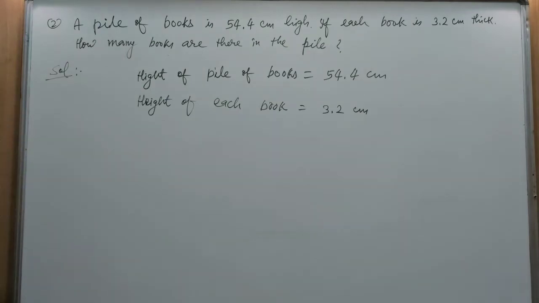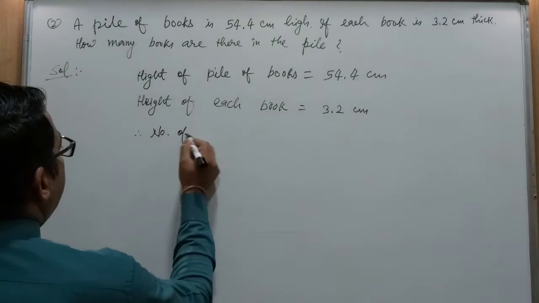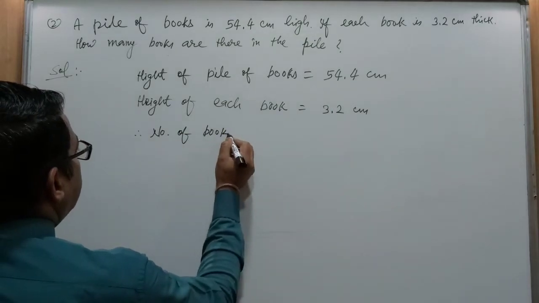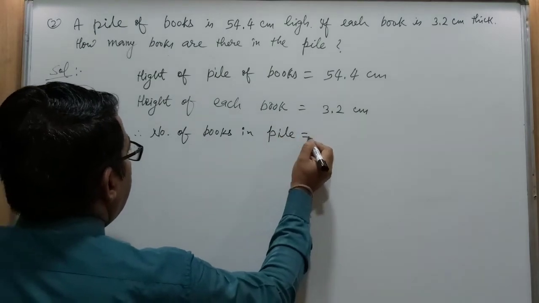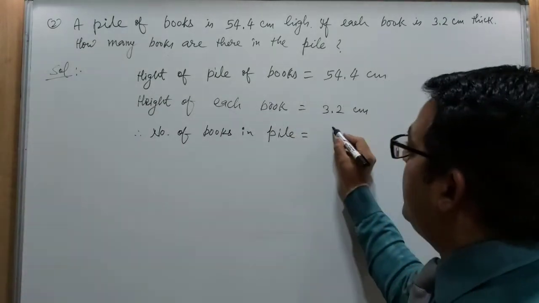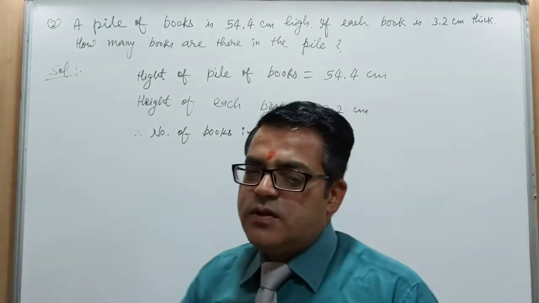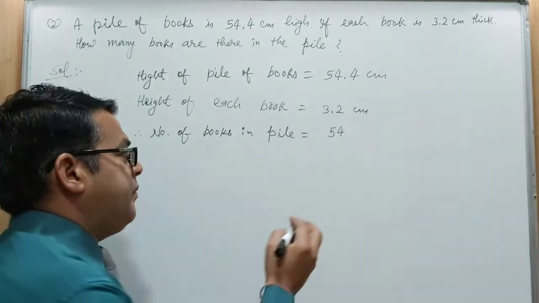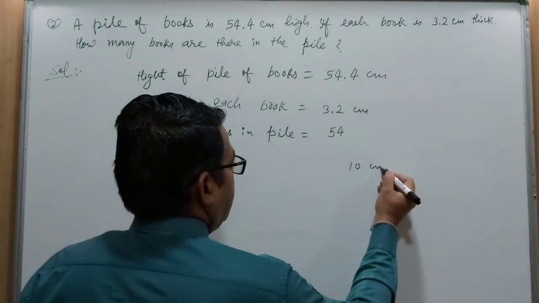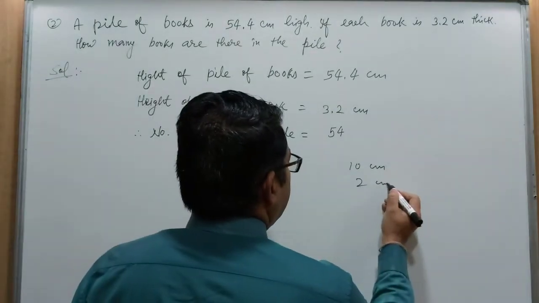So how can we find how many books are there? So the number of books in the pile, how can we find it? If we divide. Suppose you just think the height of your pile is 10 centimeter and the thickness of each book is 2 centimeter.